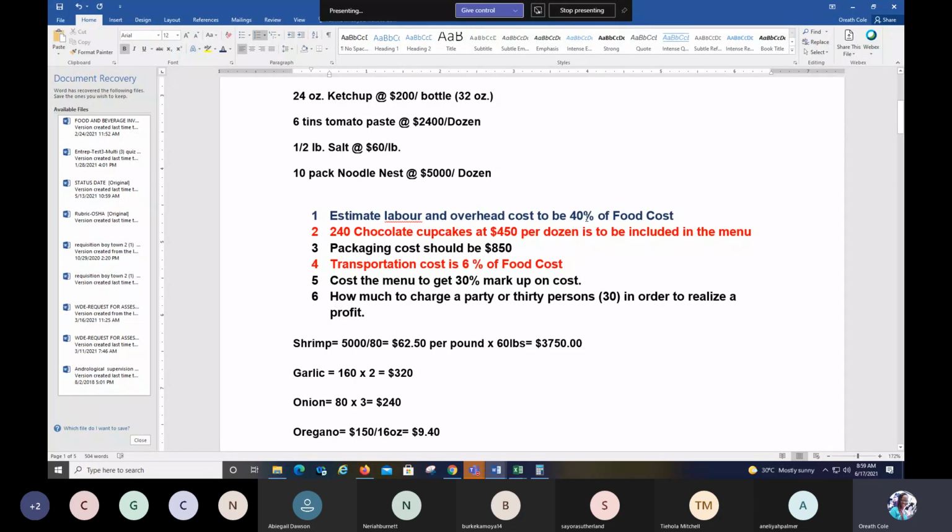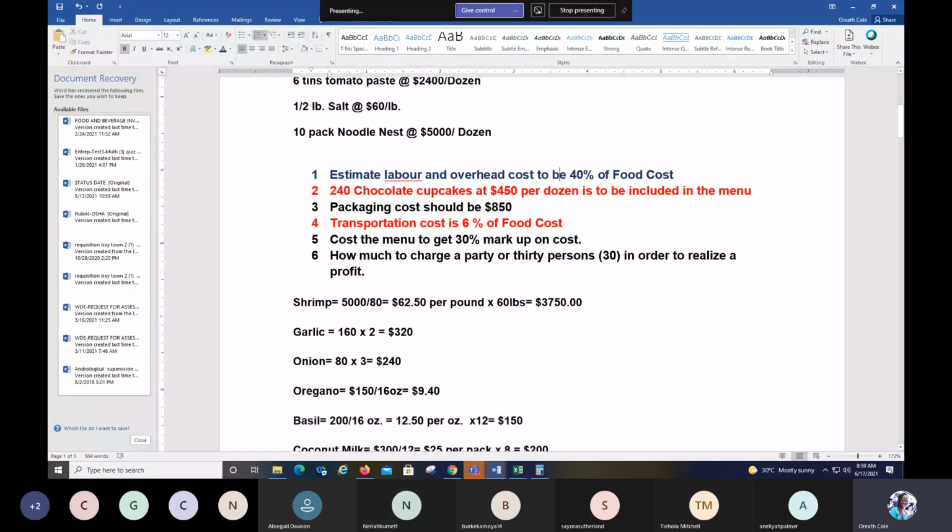So that's where the 40 comes from. It's a percentage. Clear, Miss? So you go out of everything at the top, the ketchup, the tomato, the salt, and add 40% of it.